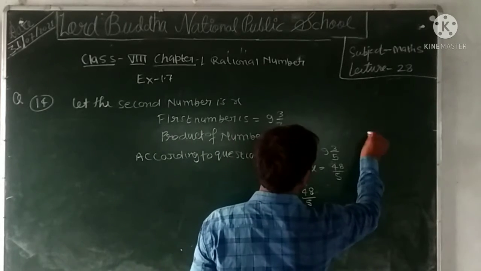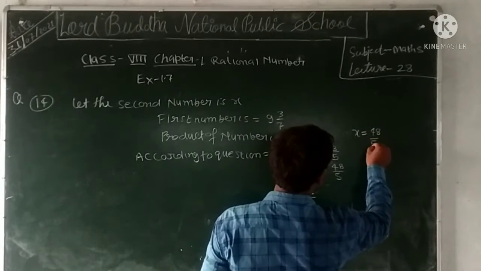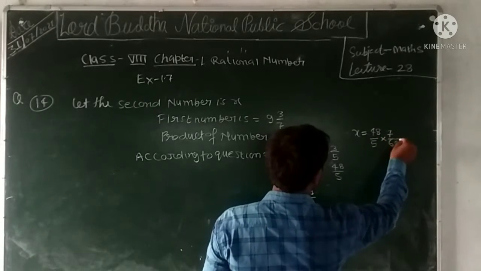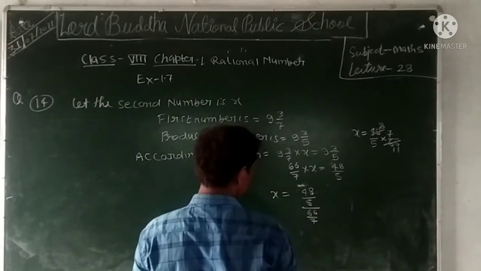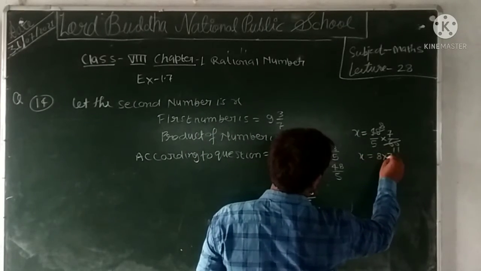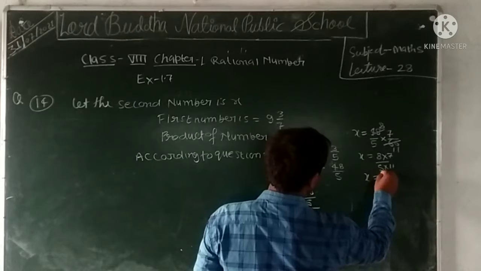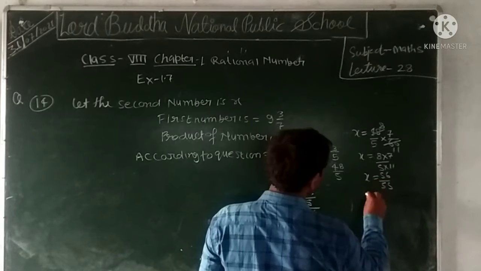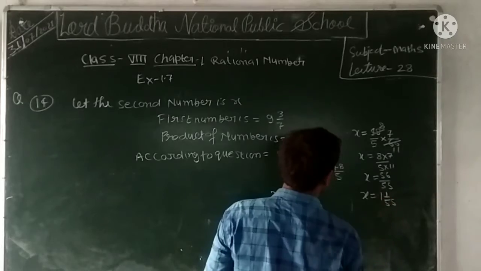So x equal to 48 upon 5 into 7 upon 66. 6 ones are 6, 6 eights are 48. X equal to 8 into 7 upon 11 into 5, which is 56 upon 55. 55 ones are 55, one remainder. X equal to 1 whole 1 upon 55.